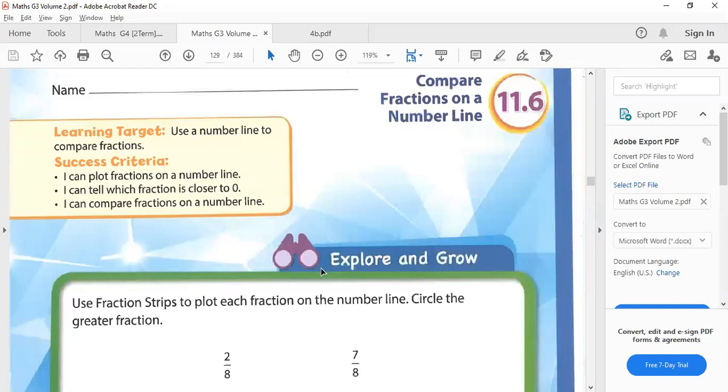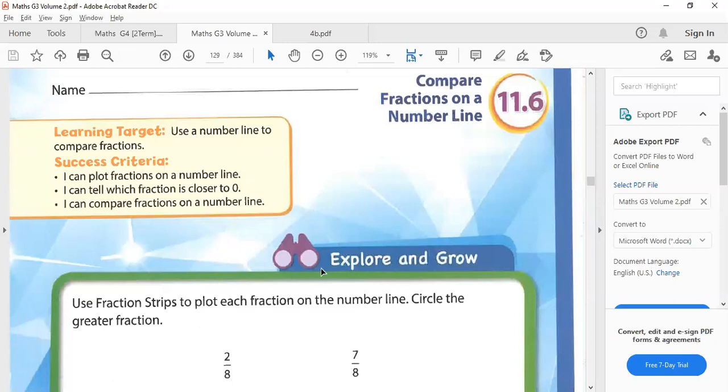I need you to remember we studied how to plot fractions on the number line. So if we have two fractions like this, 2/8 and 7/8, we need to plot the two fractions on the number line.